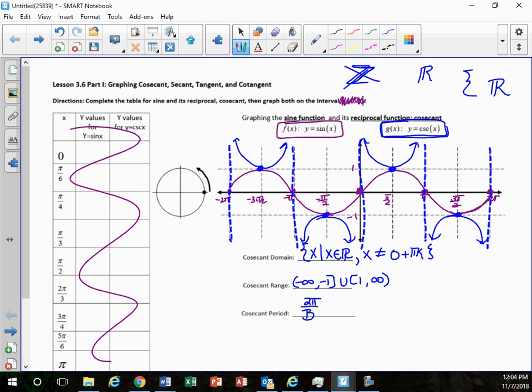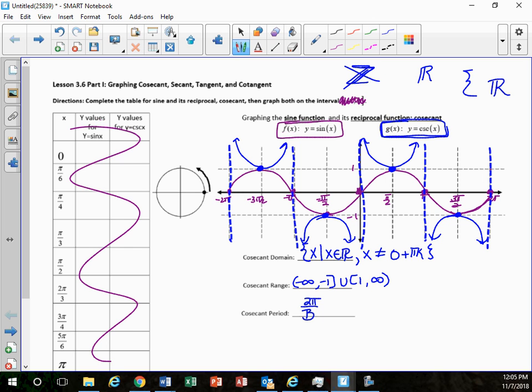So you said when it moves across the midline, the asymptotes are still where it touches the x-axis, right? No. So what if, here, let's say here's sine, right?